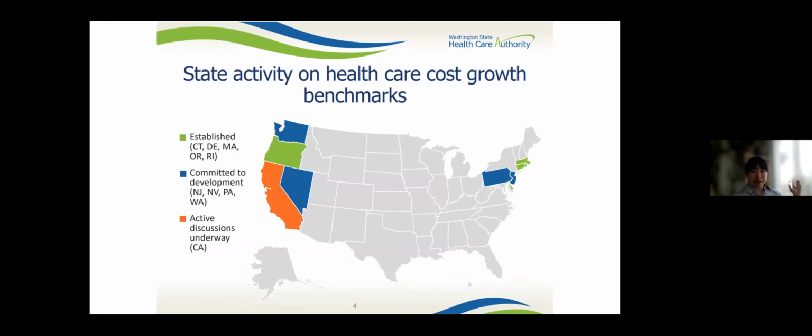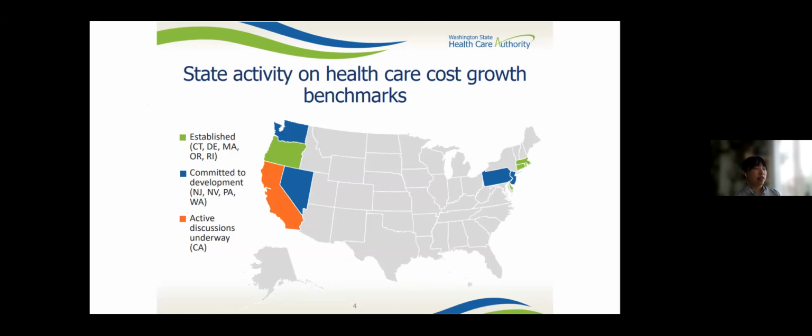So to zoom all the way out to the national level, Oregon is the fourth state to establish one of these cost containment programs. Some of you are familiar with this type of data, and some of you are not. The first program started on the East Coast, and we are the first on the West Coast to open them up.